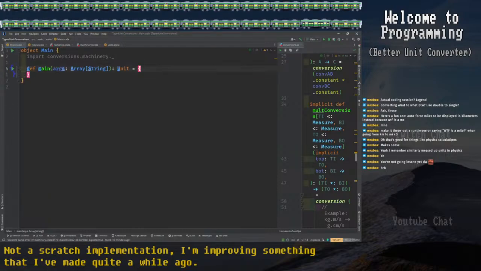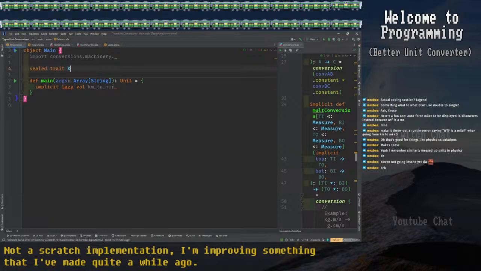So let's get the joke out of the way first.